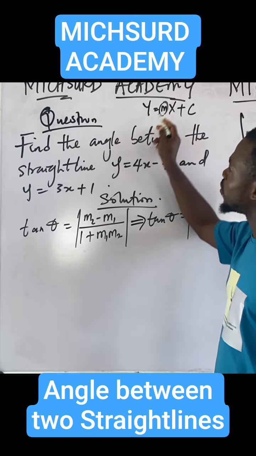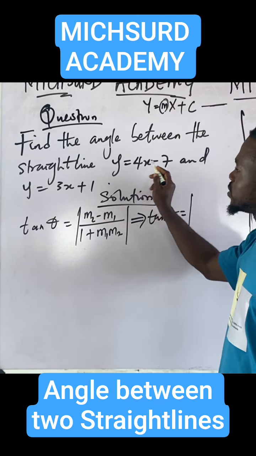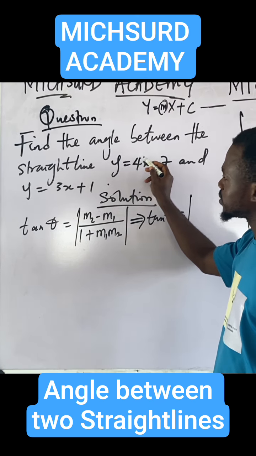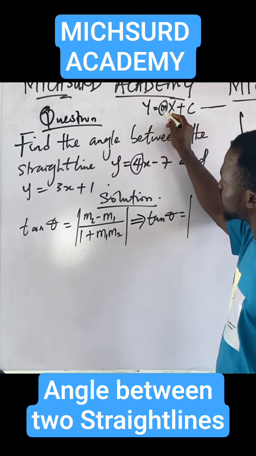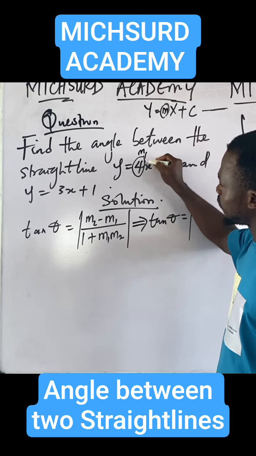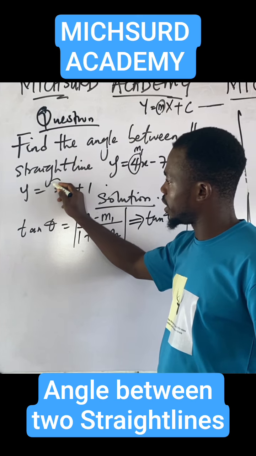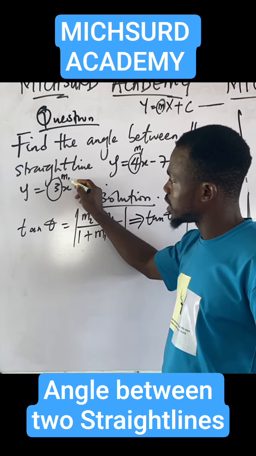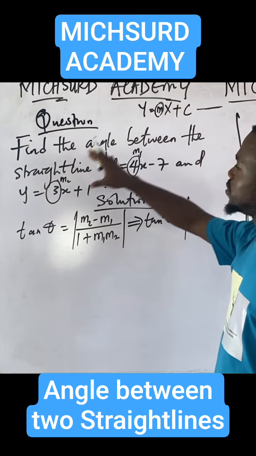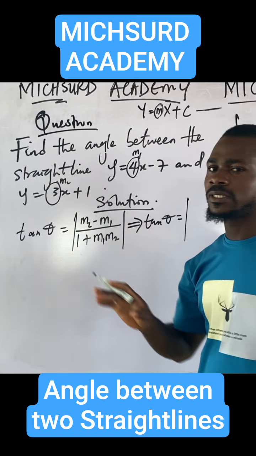If you compare this equation with these other equations, you see that this represents the slope, which is our m1 since it's the first line, and this represents the slope, which is our m2. So by comparison, these are m1 and m2.